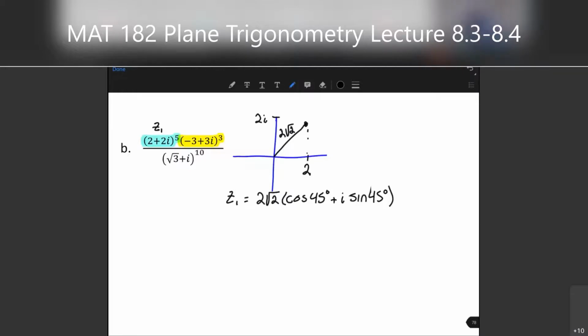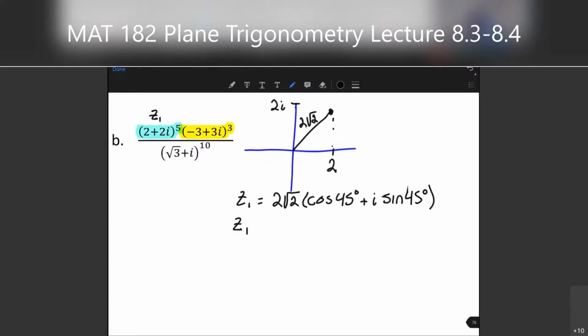So if I wanted to finish off, Z1 here is going to be raised to the 5th power. So that's the first operation I really want to work with here. Very similar to what I did in the first example, I want to raise this to the 5th.